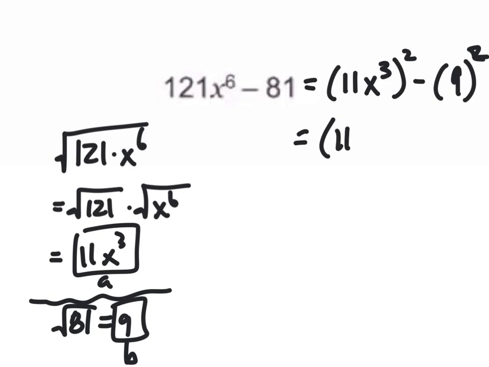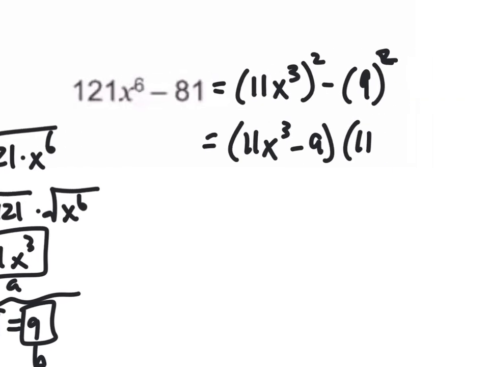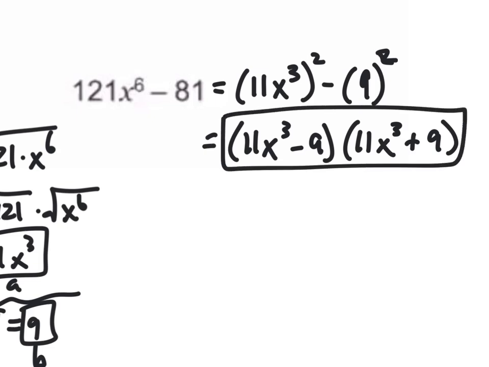So this is 11x cubed minus 9 times 11x cubed plus 9, and that's it. The hard part is being able to rewrite it, going from this step to this step. But just take the square root of each of these terms and you're good to go.